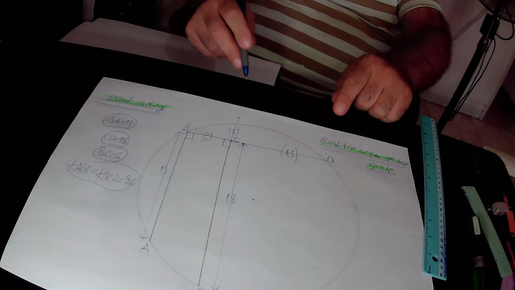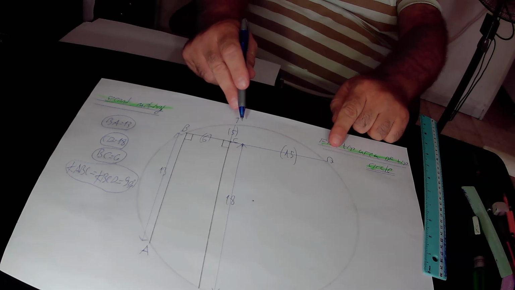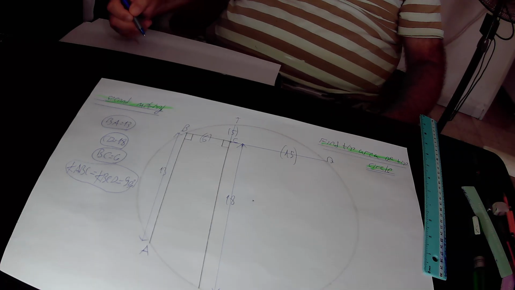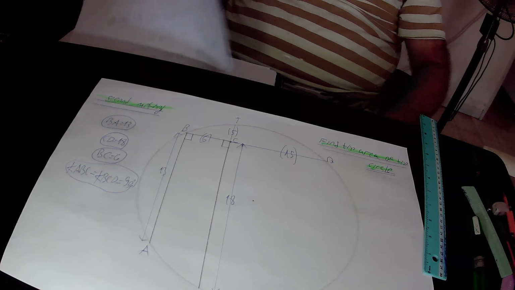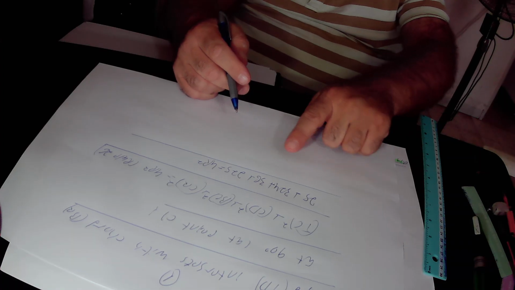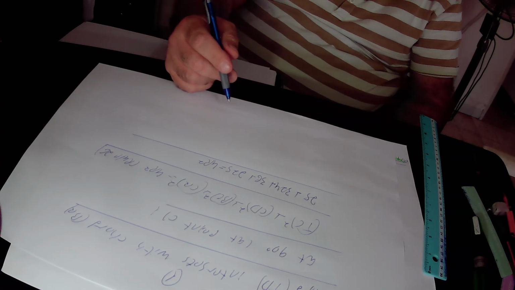Plus CQ squared. CQ is 15, therefore CQ squared is 225, and it is equal to 4R squared. So in total we found out that 25 plus 324 plus 36 plus 225 equals 4R squared.